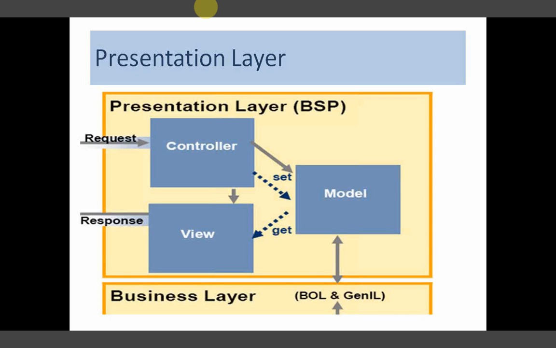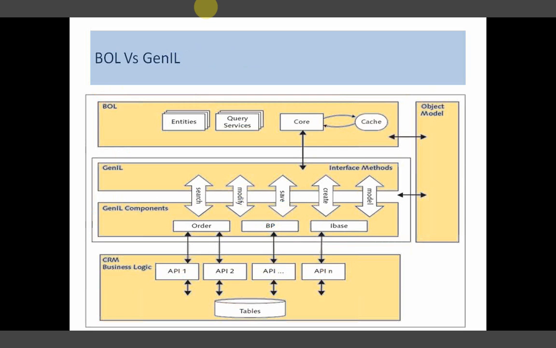A business object is nothing but the data which is used for a business, that is, the data requested by the user. So now the presentation layer is more about the UI, and the controller sets some data to the model, and the model requests the underlying business layer.